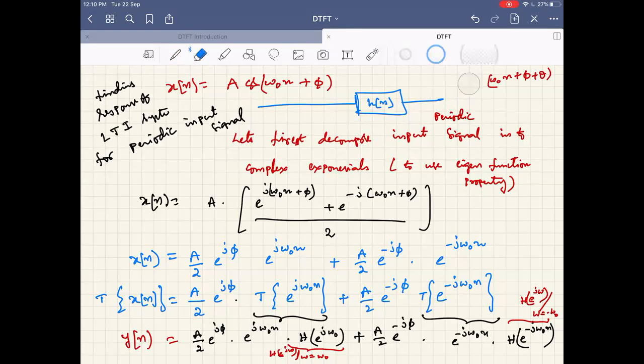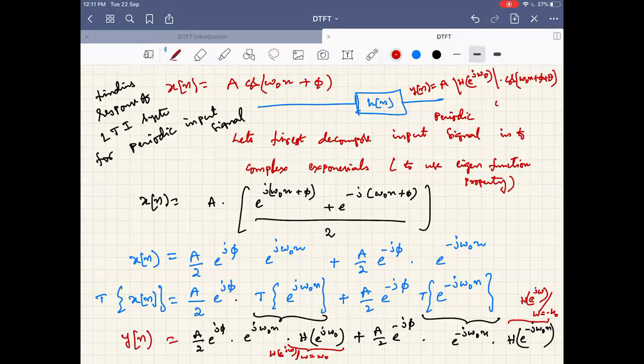Please verify this, I am directly writing the answer here. y of n is equal to A into the magnitude of H of e power j omega naught, into cos of omega naught n plus phi plus theta.